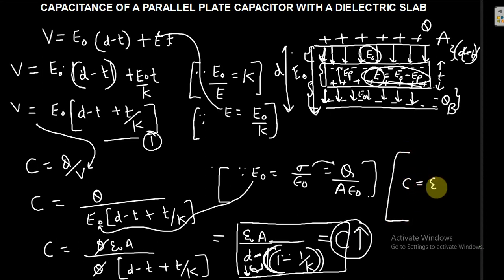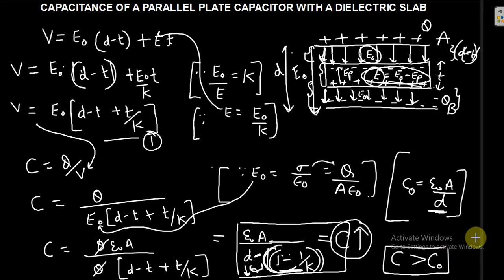Even you can compare this one with this. This is the capacity of a parallel plate capacitor when there is no dielectric slab or no medium in between. So in this case there is no term which is going to subtract, but here this term is subtracting from this. So overall the denominator will decrease. If the denominator decreases, this C will increase. That's why we can say C is greater than C naught.